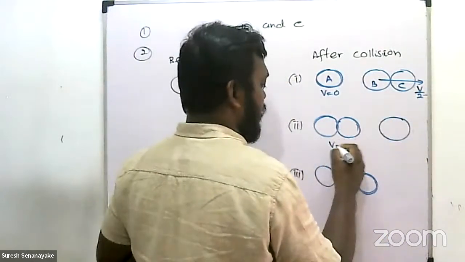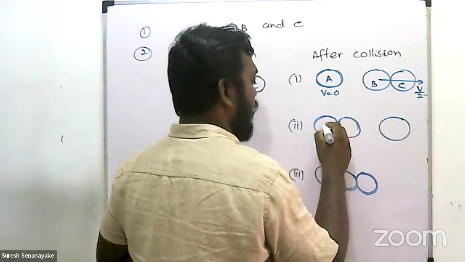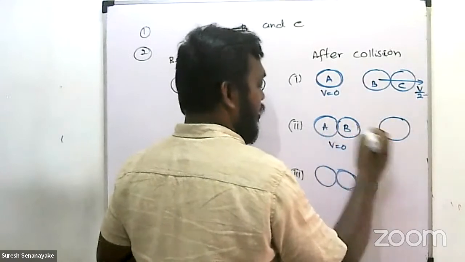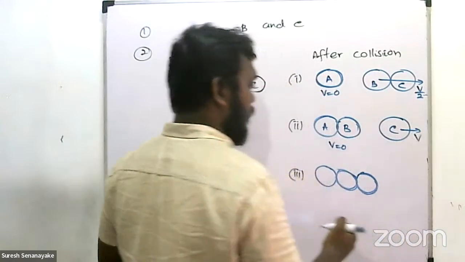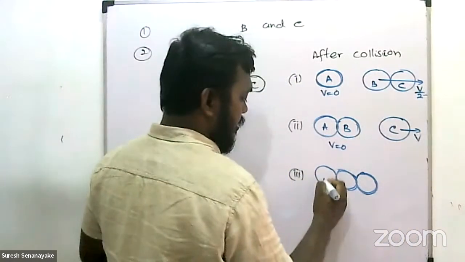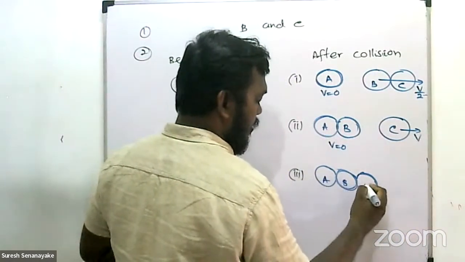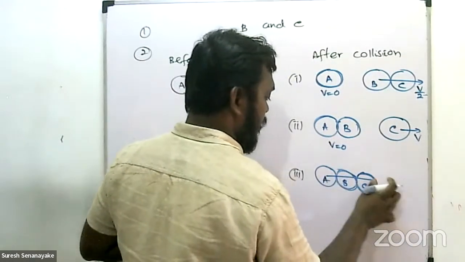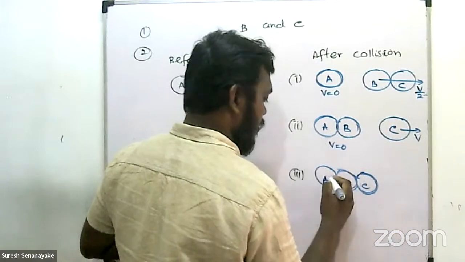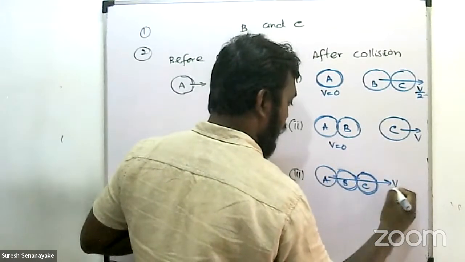In the second case, these two are stationary, and C moves with the velocity V. In the third case, A, B, C all stick together and move with the velocity V over 3.